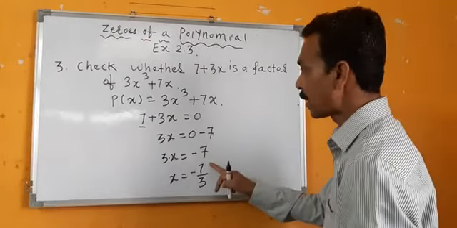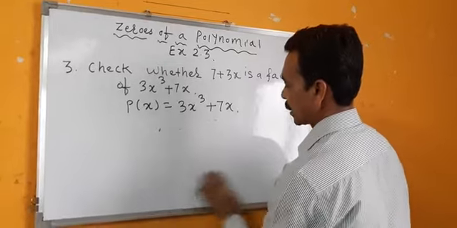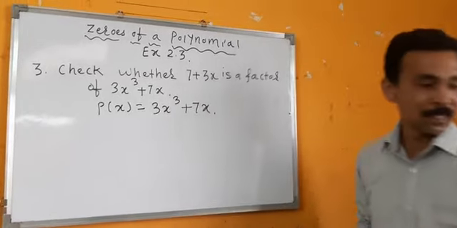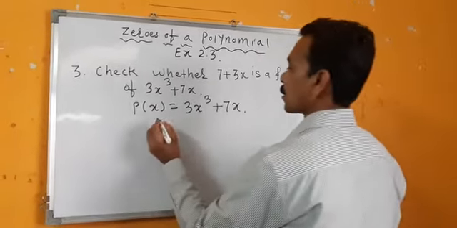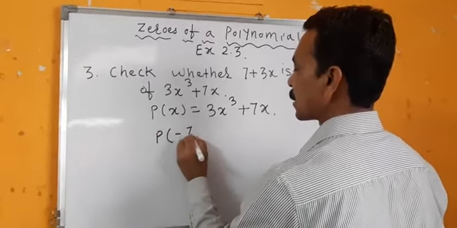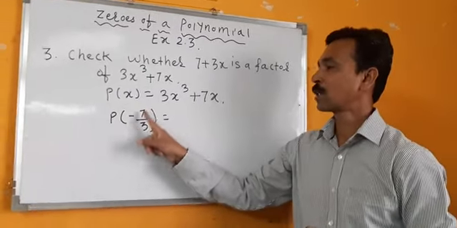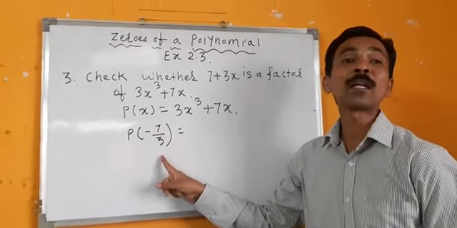Now I'll place this value in P of x. What is the value? Minus 7 by 3, so it becomes P of minus 7 by 3, because the value of x is minus 7 upon 3.